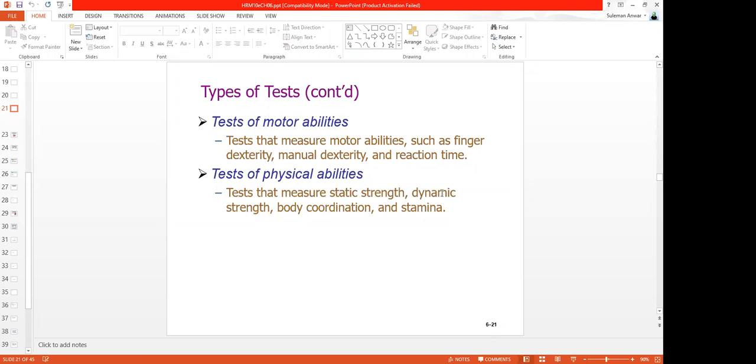And when you talk about stamina, it is more linked with the physical abilities. So tests that measure static strength, dynamic strength, body coordination, and stamina. So these are all things which can be tested. And again, all the tests should be in accordance with the nature of job you're going to announce. And obviously, we have to make all these tests reliable and valid as well.